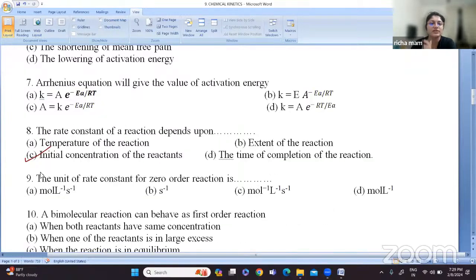Next question. The rate constant of a reaction depends on what? The rate constant of a reaction depends upon: A, temperature of the reaction; B, extent of the reaction; C, initial concentration of the reactants; and D, the time of completion of the reaction.